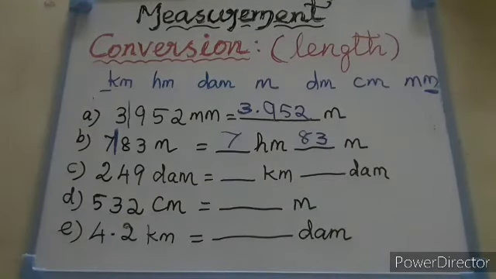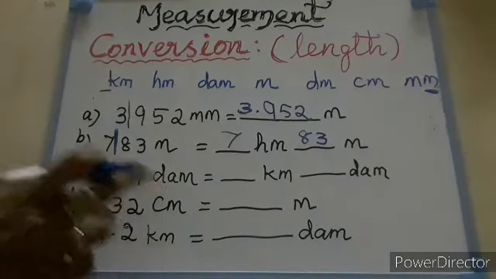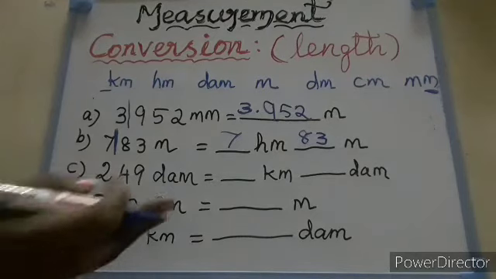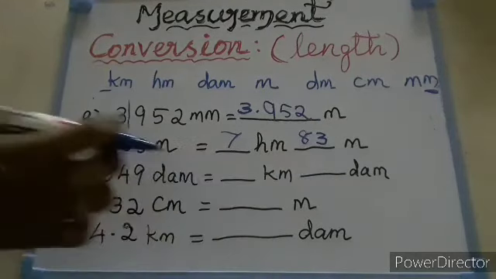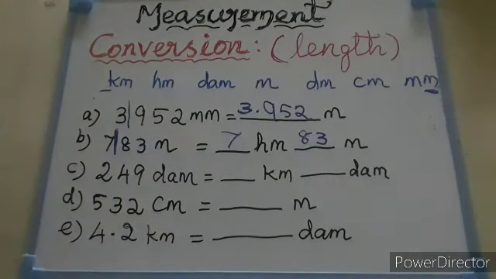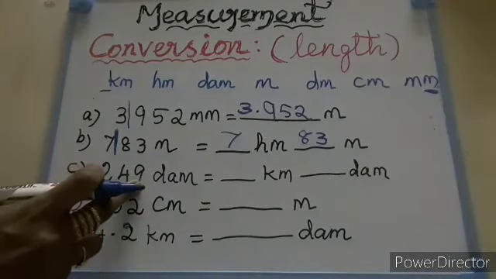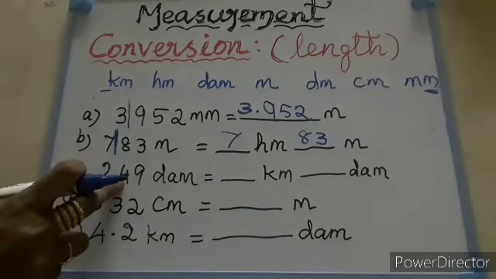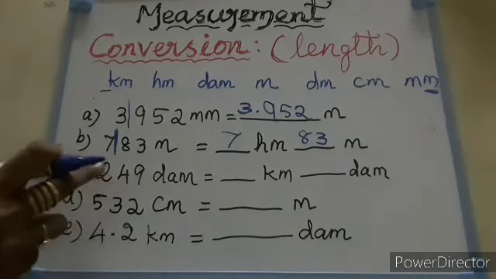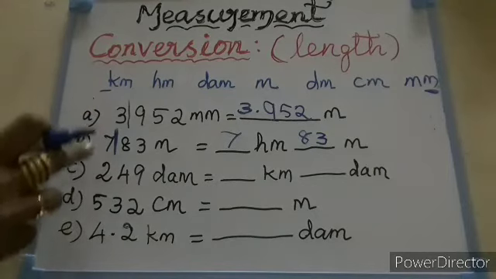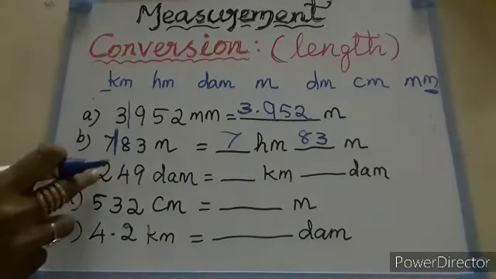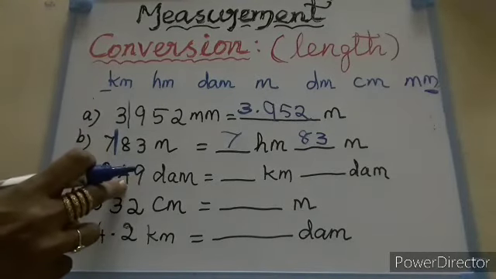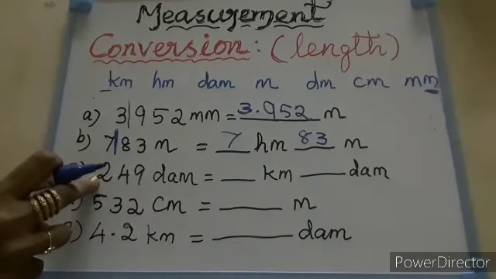Now they are given in decameter to kilometer. Here they are given separately, so no need to write the point. You write separately. This 9 belongs to decameter, 4 belongs to hectometer and 2 is kilometer. So decameter, hectometer, kilometer.